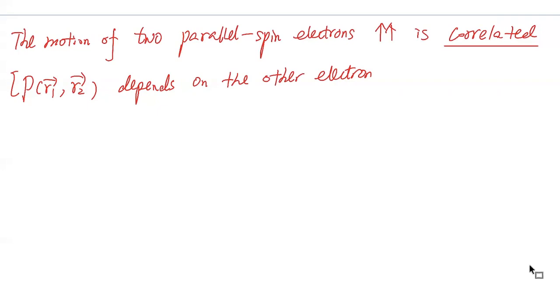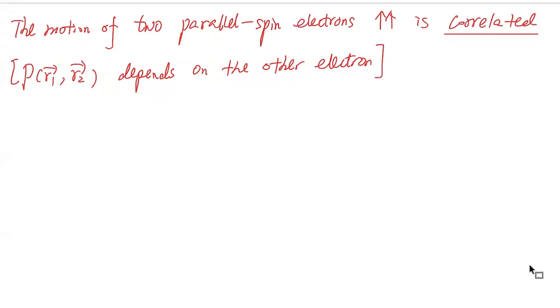So these two electrons are, of course, treated as independent. In this sense, independent means you ignore the Coulomb repulsion between these two electrons. However, their motions are not entirely irrelevant. Their motions are correlated. Right?